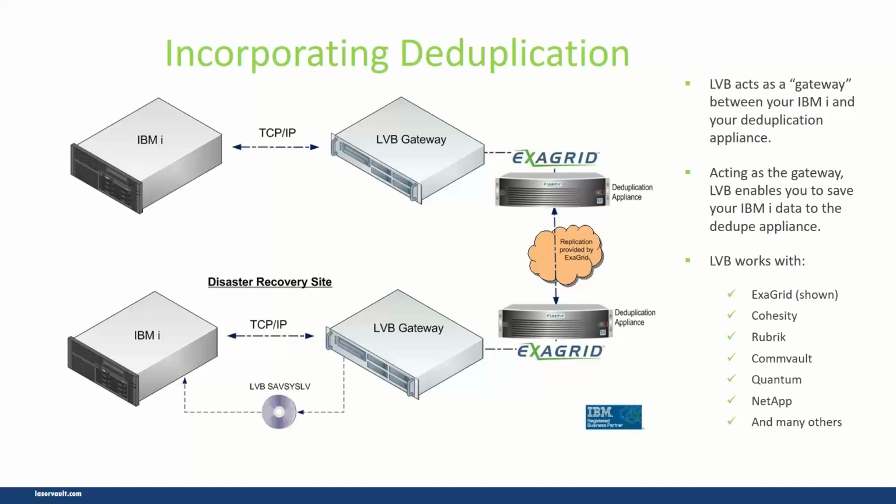Once you have TCP/IP up and running, after installing the OS from the DVDs, then you're able to connect to LaserVault and restore your user data and everything else. So that is available with LaserVault. And you can store multiple save sys files or iterations of your save sys if you're doing quarterly, monthly, whatever. Before or after PTFs, you can have copies of those available to restore and do a D-mode IPL from that DVD.